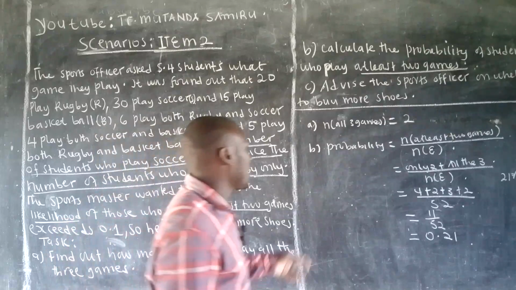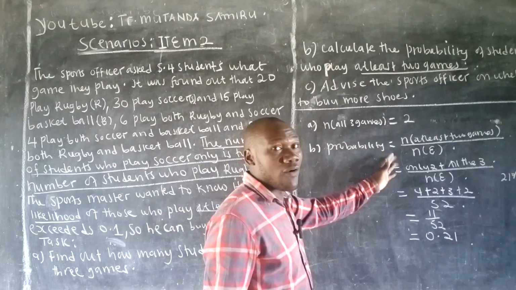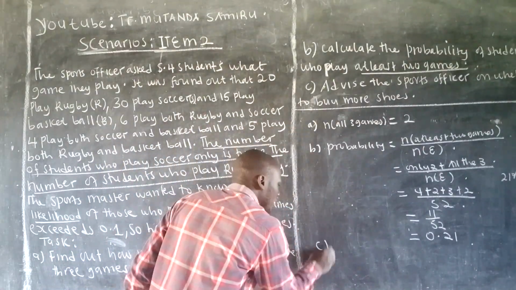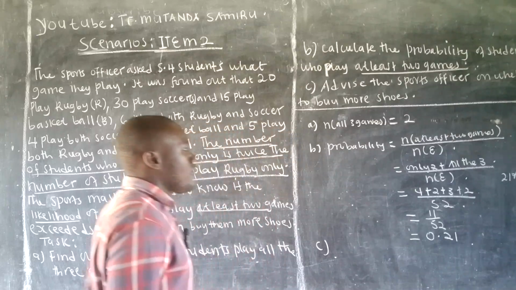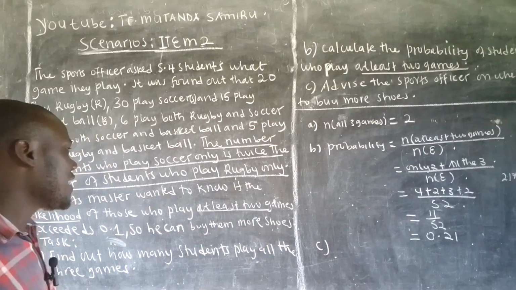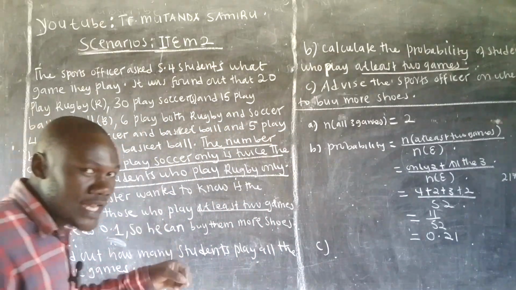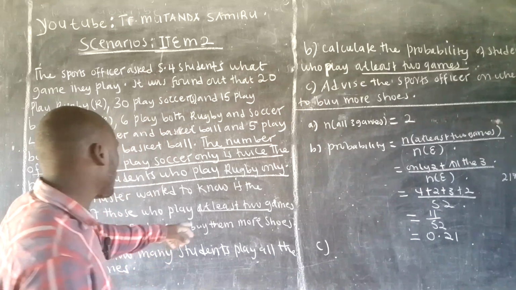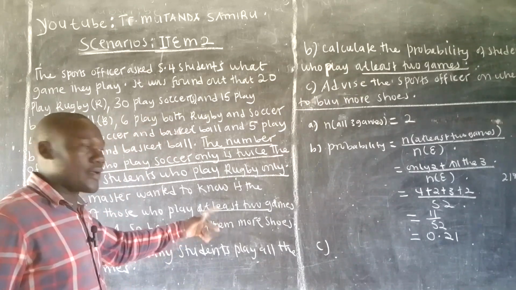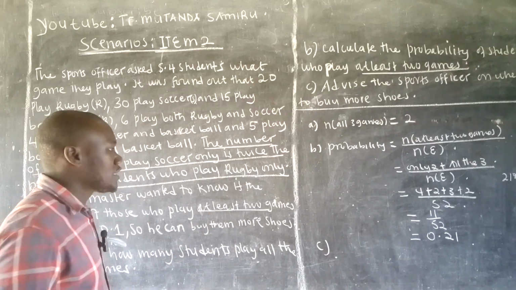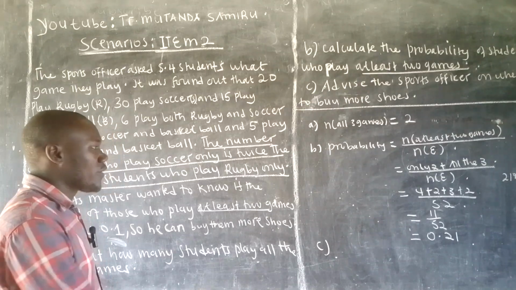Like we are in part B, we have already found the probability for at least 2 games. But if they had not asked for it, then you would have to find it in order to complete this area. Okay, good. Now, let's see. Does it exceed 0.1? Yes, the answer we have is 0.21.